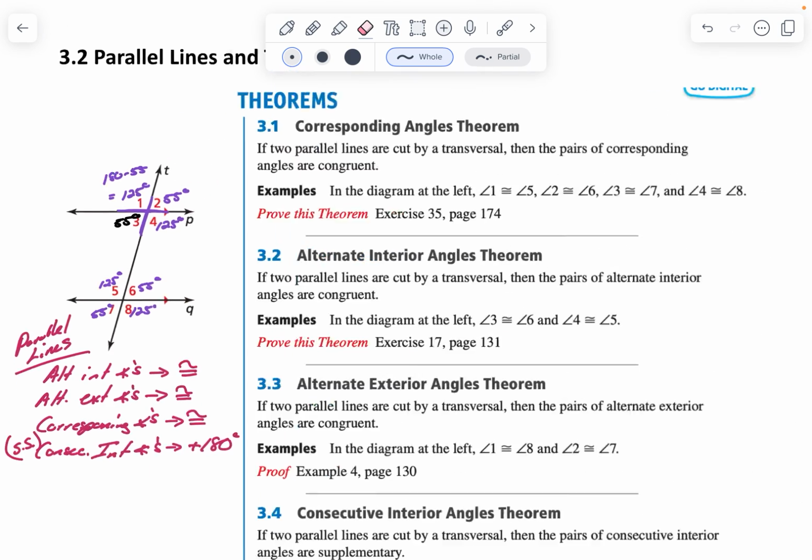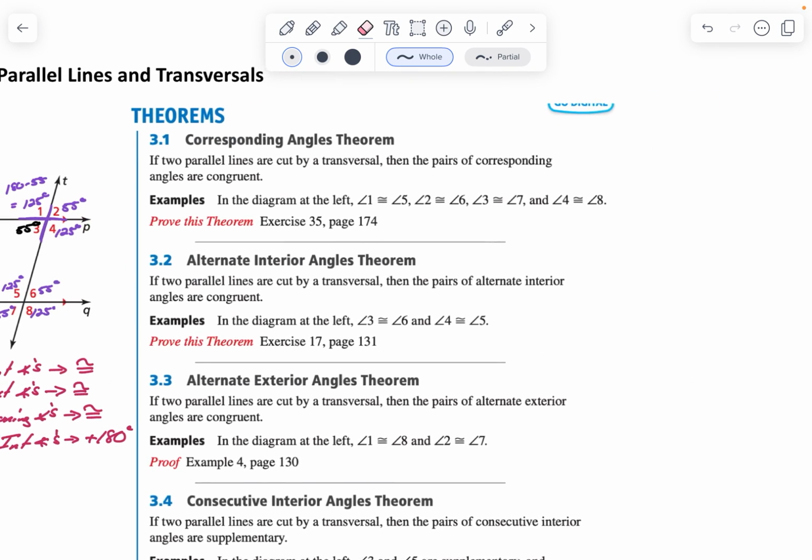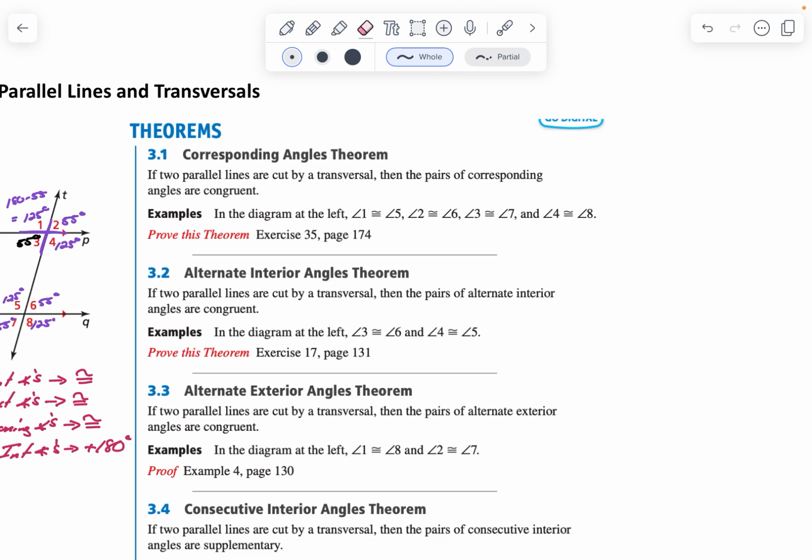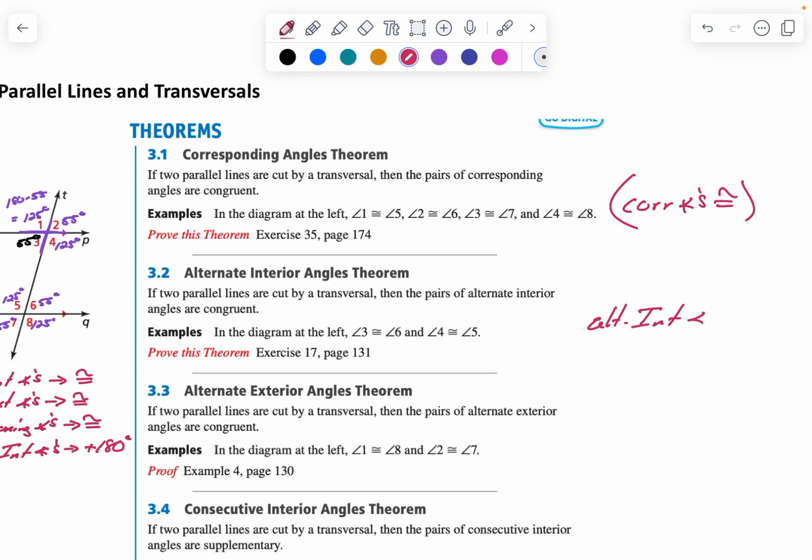It's basically what it says over here. So the corresponding angle theorem says, this is what you would write for a reason. You could just write corresponding angles congruent. Okay, so that's how we're going to write that one. How we're going to write this one is we're going to say alternate interior angles congruent.